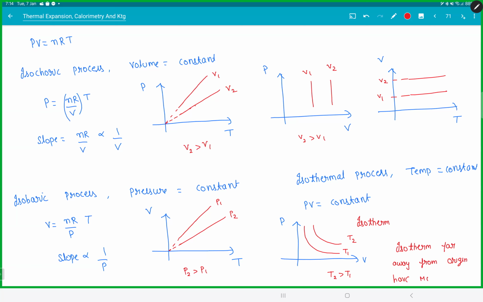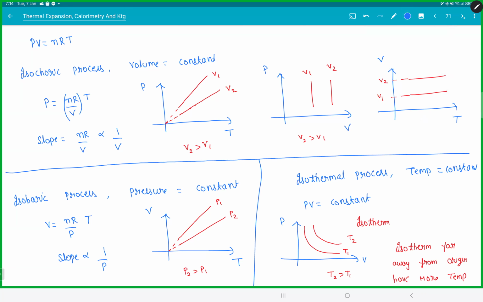And that's how you see. So check out these graphs. You should have an idea about these things. They do ask a lot of questions on this. So this is how the curves will look like.